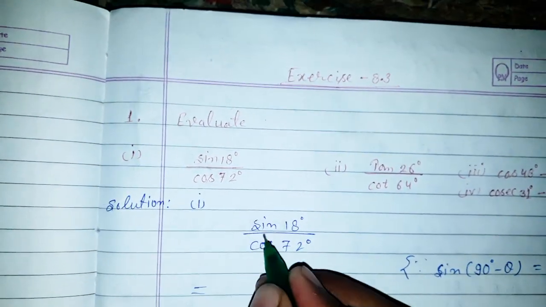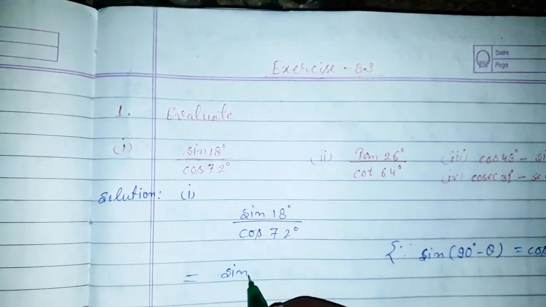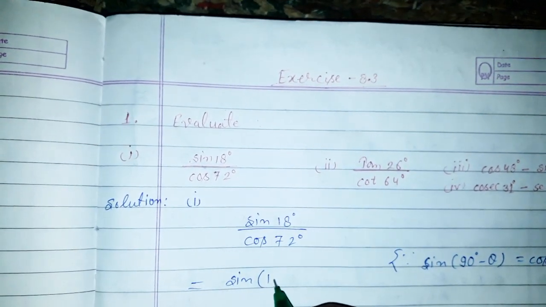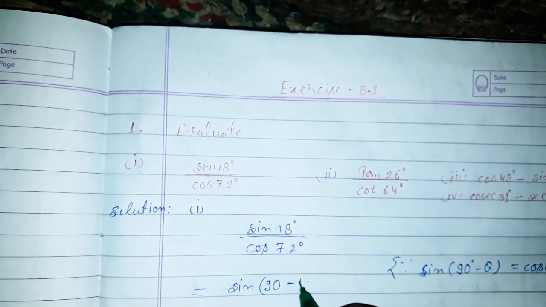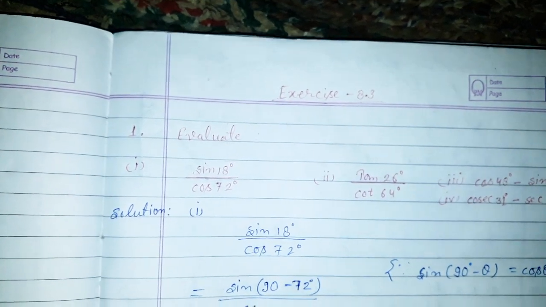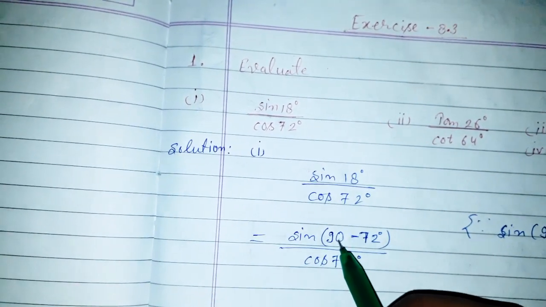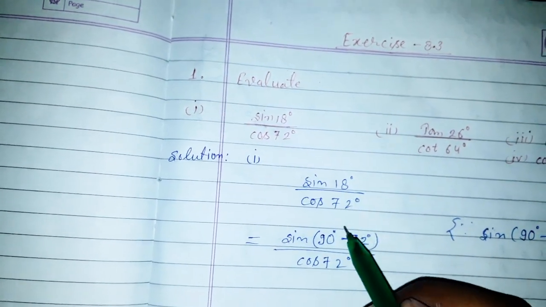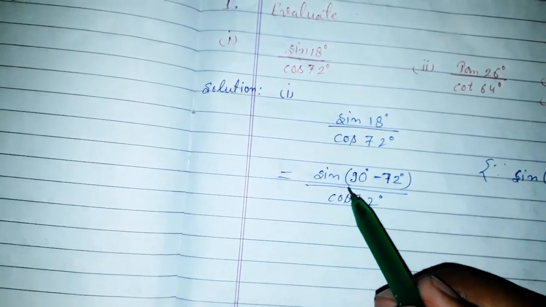So here we write sin(90 degree minus 72) upon cos 72, because 90 minus 72 is 18.